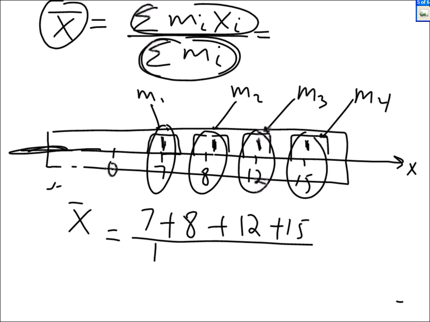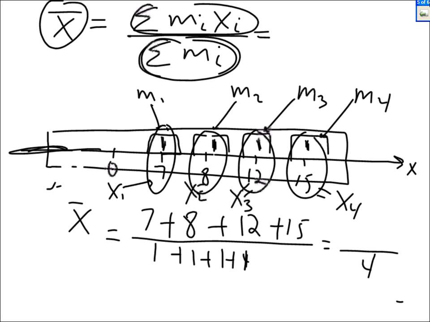And for the record, that's x1 is 7, x2 is 8, x3 is 12, and 15 is x4. You multiply the m's by the corresponding x's. When you add up the four ones, you get 4, so the bottom is 4.